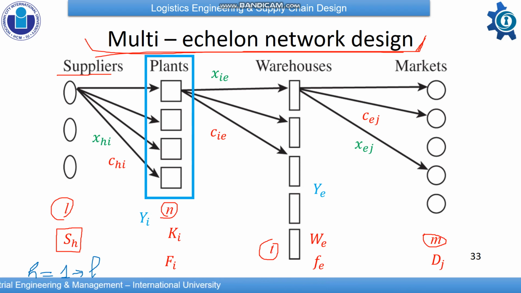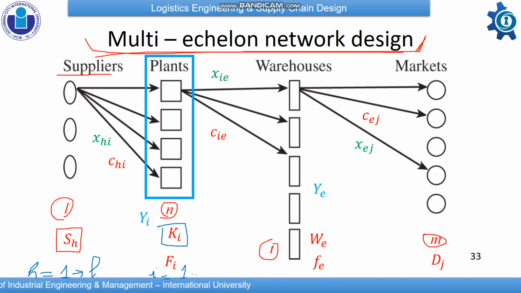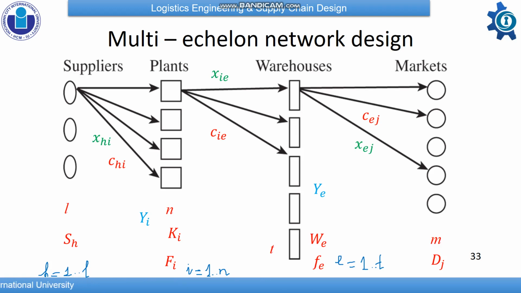And we have N factories, and K_i is the capacity of factory i. So K_1 will be the capacity of plant 1, and i will run from 1 to N because we have N factories. W_E is the capacity of warehouse E, and E will run from 1 to T because we have a total of T warehouses. D_J is the total demand from market J, and J will run from 1 to M.